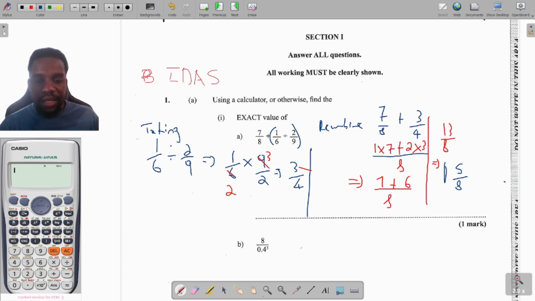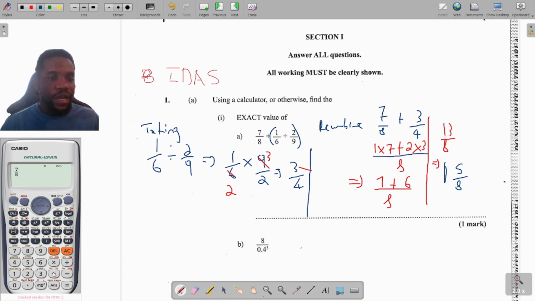Now, what if we wanted to use a calculator? This is where I'm going to bring in the calculator here. Because this entire process can be done using your calculator. And it's good if you have a calculator like this, where a fraction looks like a fraction. So let's see what happens. So I'm going to put in my fraction button, and I'm going to put in 7. Press my down arrow, 7/8. Alright.